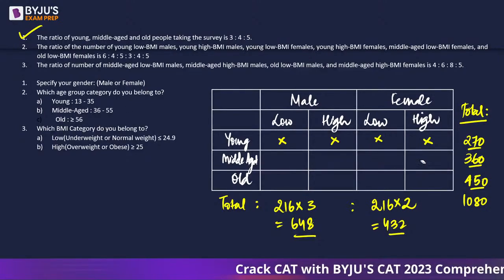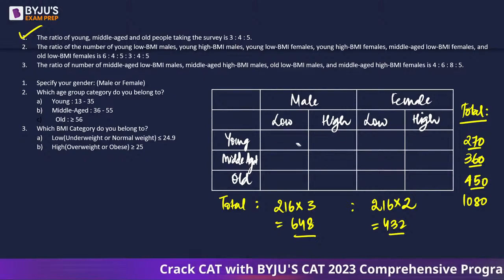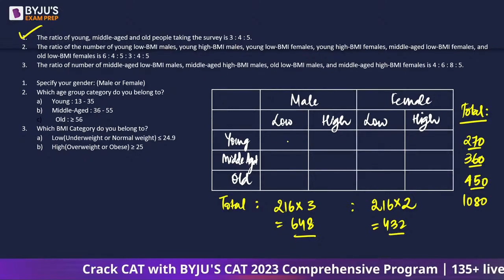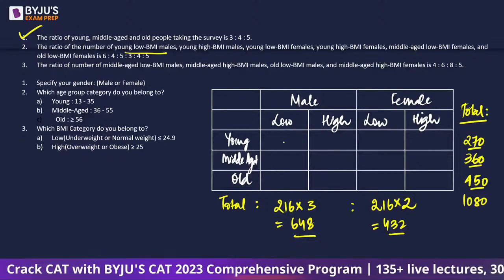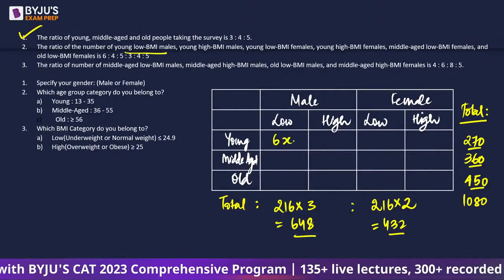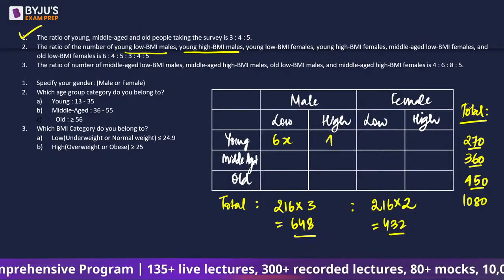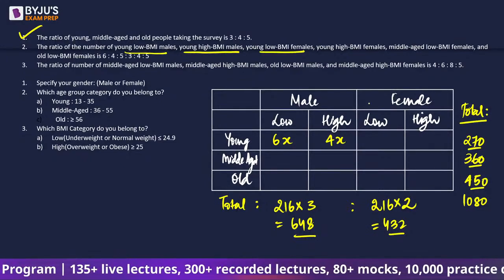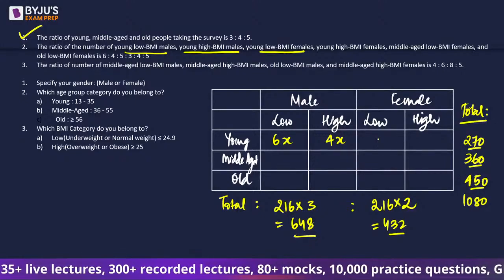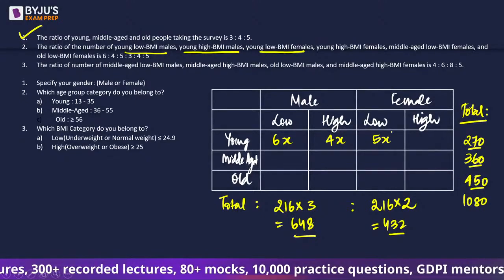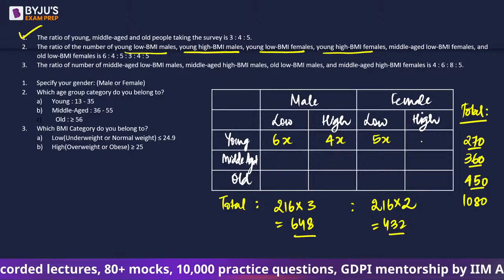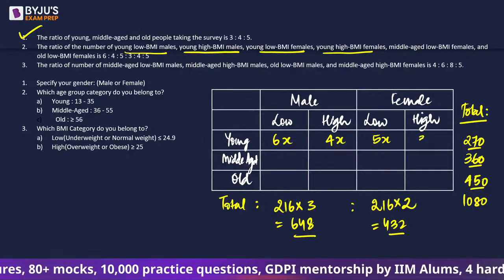Okay, so let's fill this in, because we are talking about this entire column, young. So young low BMI males is 6x. Young high BMI males is 4x. Young low BMI females is 5x. And young high BMI females is 3x.